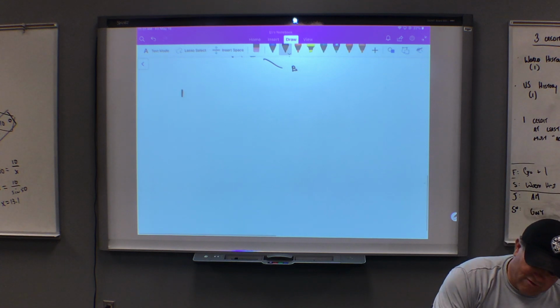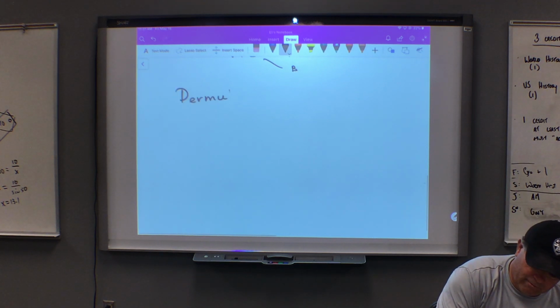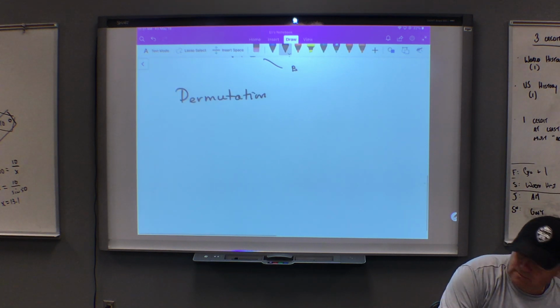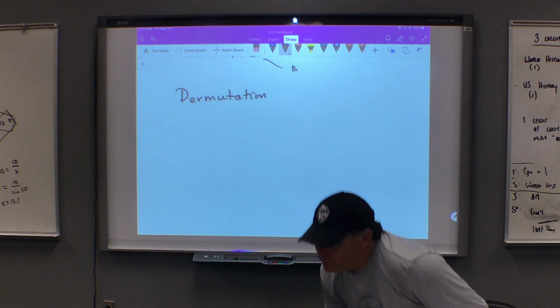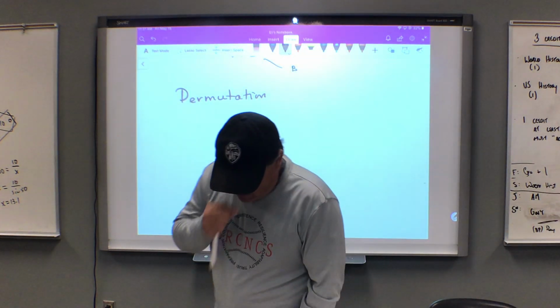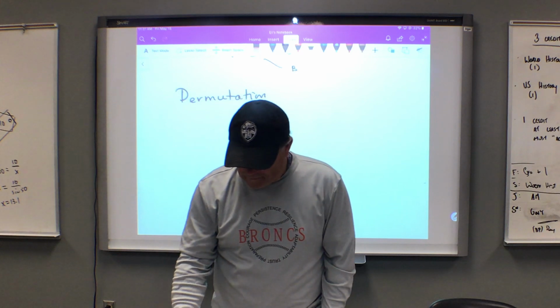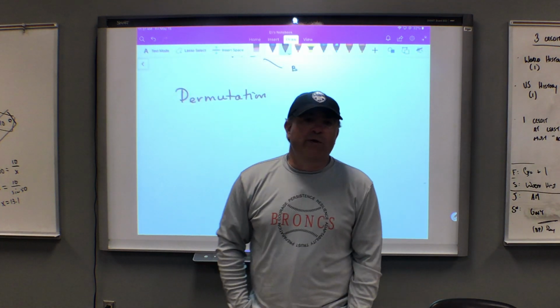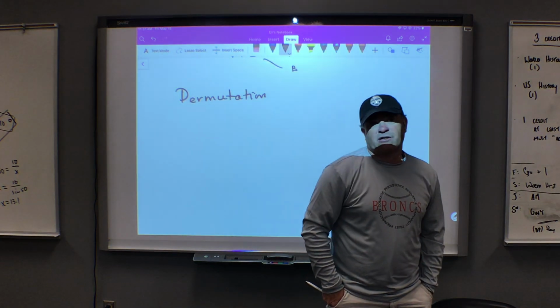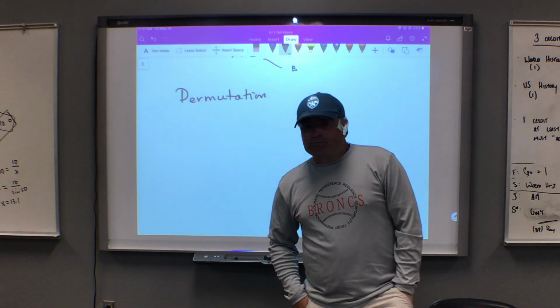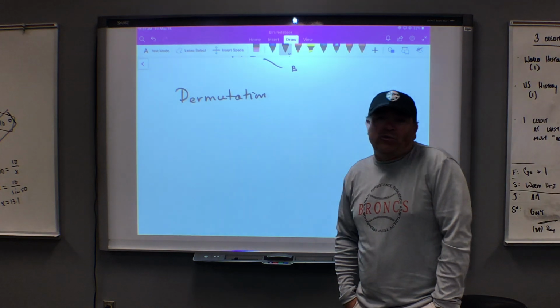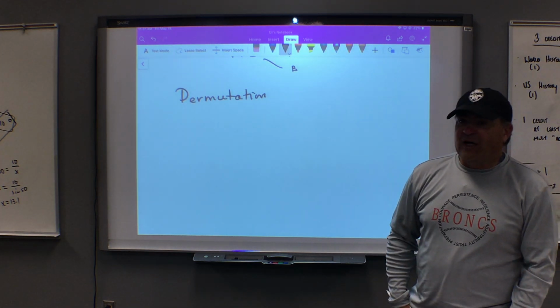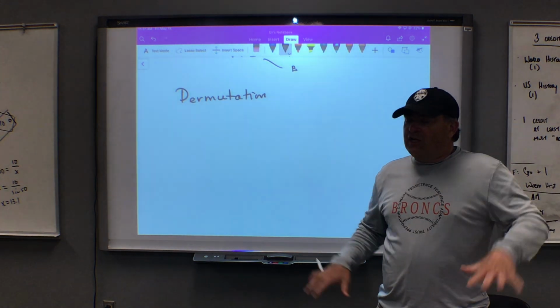Brings us to the idea of a permutation. Okay? A permutation is basically the number of ways we can arrange n objects. So if I had 21 of you in class, how many different combinations could I make?